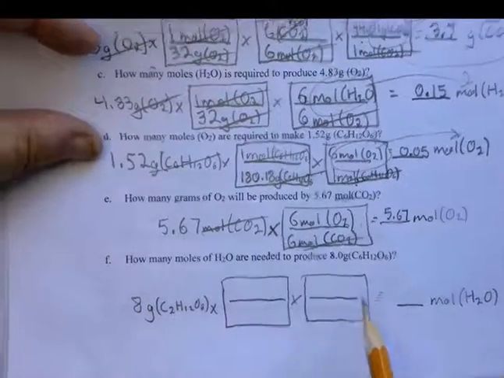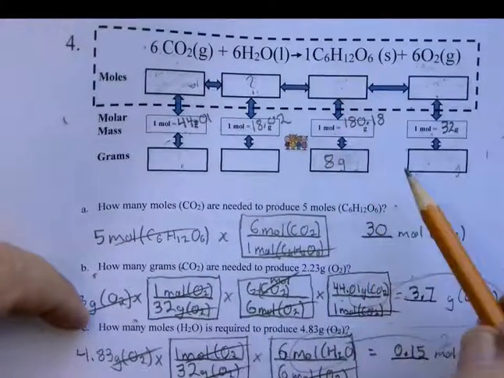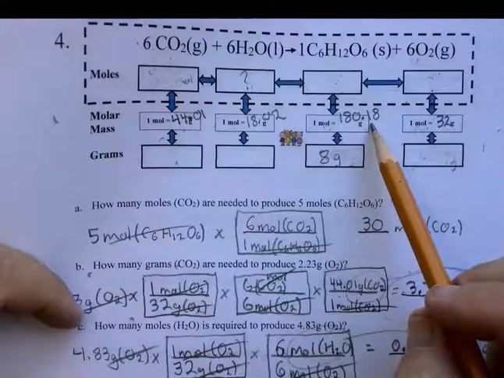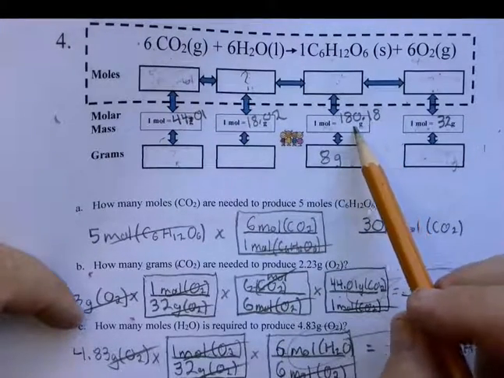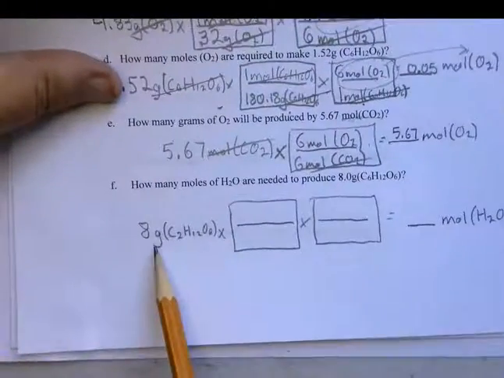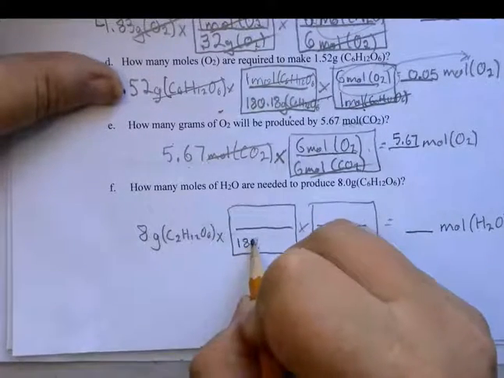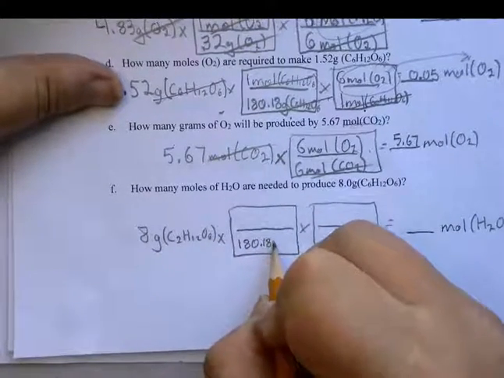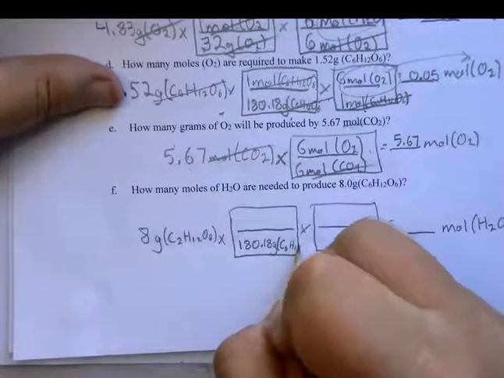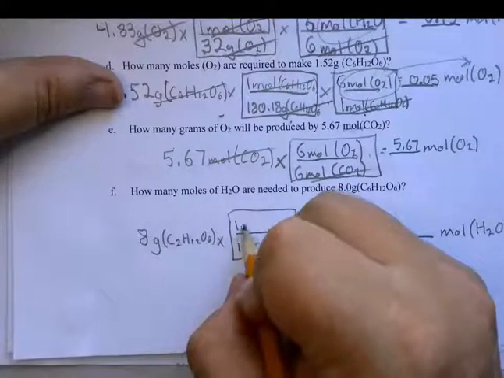All right, so the first one is going to be a molar mass. We have to go from grams of glucose to moles of glucose. So it's 1 mole of glucose over 180.18 grams of glucose, or 180.18 grams of glucose over 1 mole of glucose. Which one do we want? We need grams of glucose on the bottom, so we're going to put 180.18 grams of this stuff. And that's a molar mass, so it's always 1 mole.